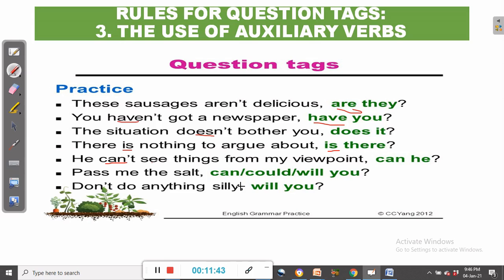Don't do anything silly, will you? All right, so you can see when you have an imperative sentence, then you can use will you. All right, if I say, stop making a noise, will you? All right, that's an imperative.